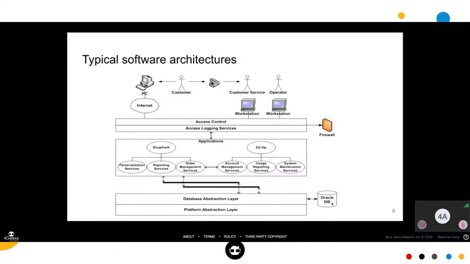We have a database. In that case, it's an Oracle. And then we have two layers that pretend to implement some abstractions from the database. That's what I'm trying to understand from this diagram, without knowing business requirements, functional requirements, business goals, objectives, nothing about the software, just reading this diagram.